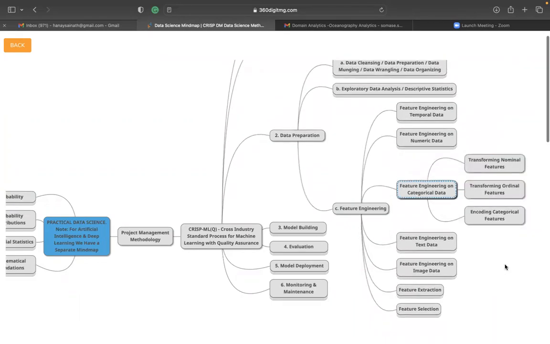In the categorical data, in feature engineering, we have transforming nominal features, and transforming ordinal features also, and encoding categorical features.